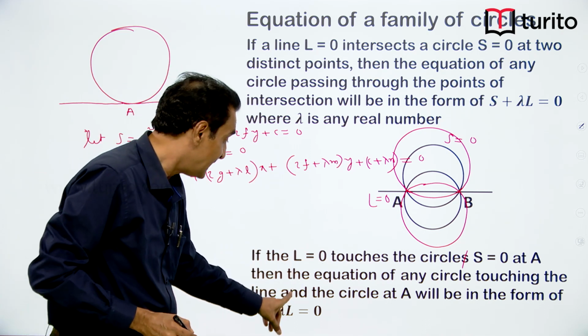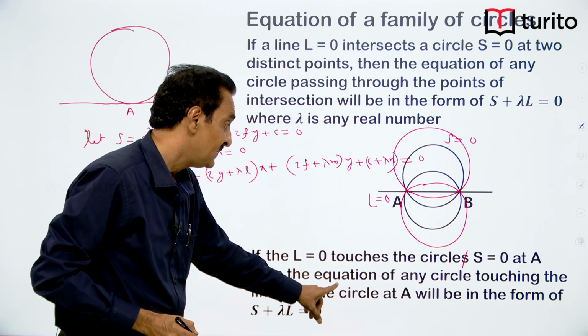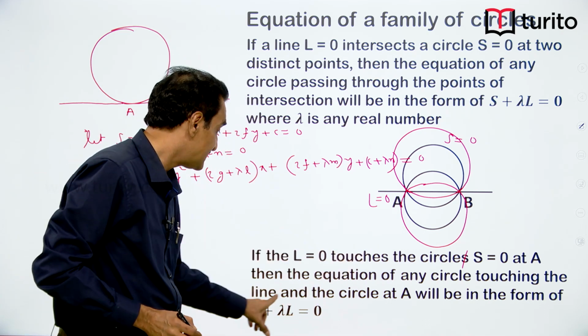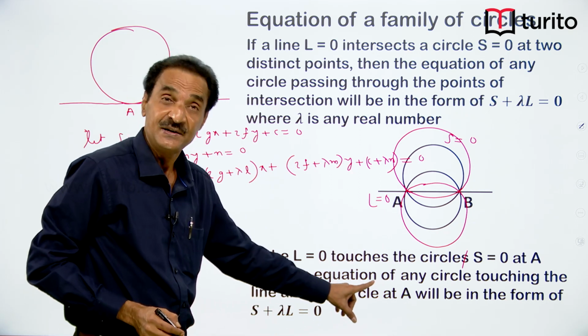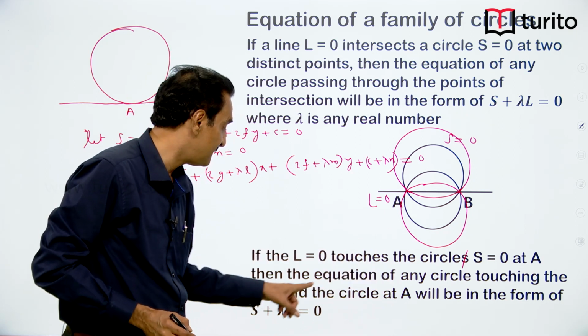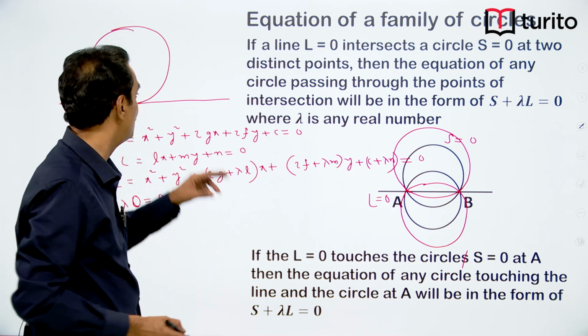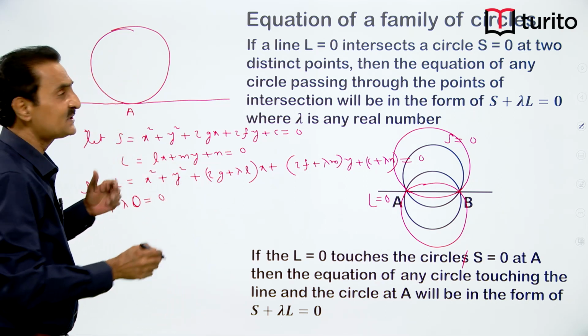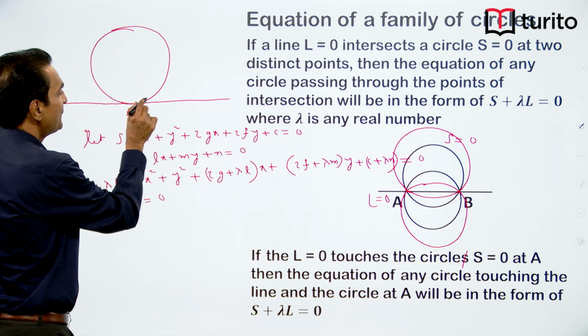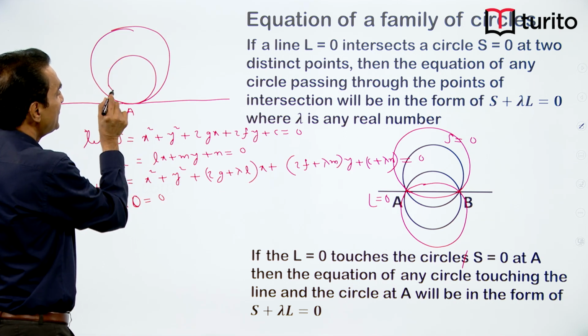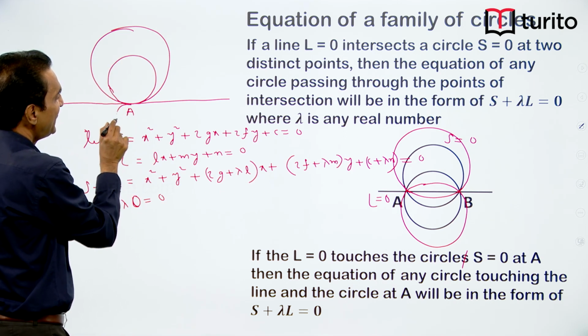Now, then the equation of any circle touching the line and the circle at A will be in the form of S plus lambda L is equal to 0. You can draw many circles touching both the circle and the line at A like this.